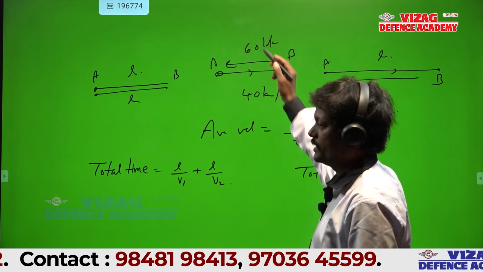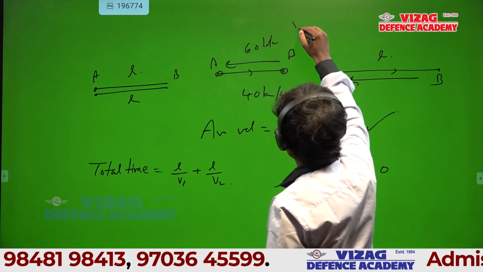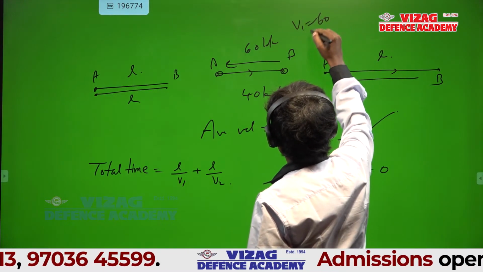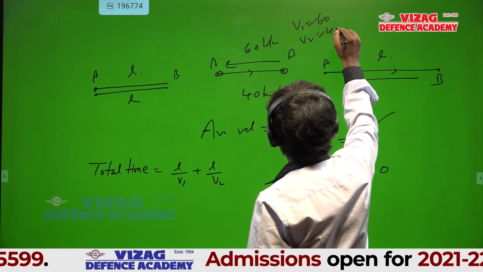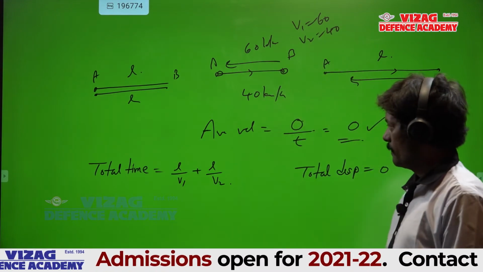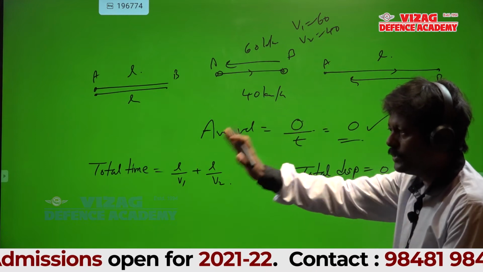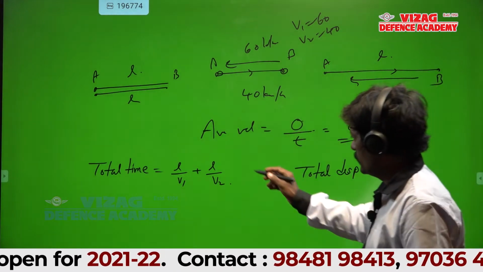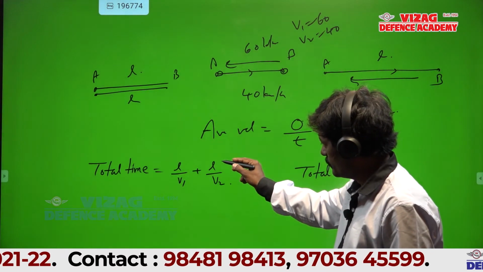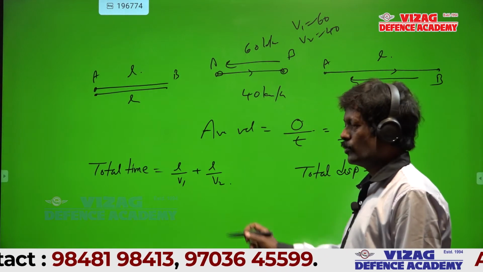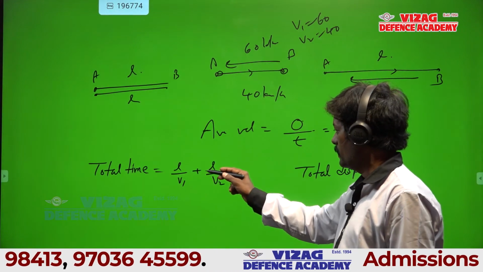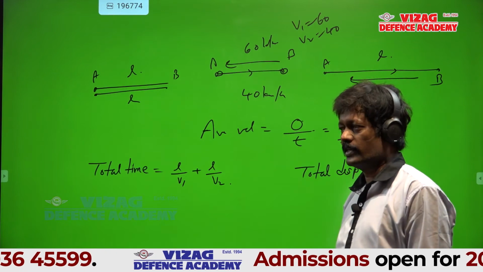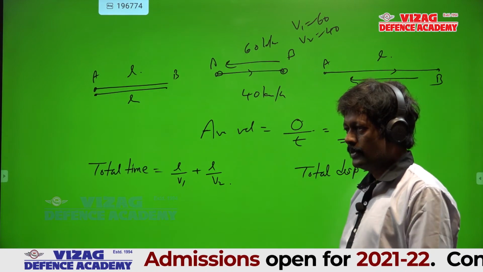V1 is 60. I will take V1 as 60 and V2 as 40 kilometers per hour. Again from B to A, what is the time? Same distance by V2. Total time is distance by speed plus distance by speed.